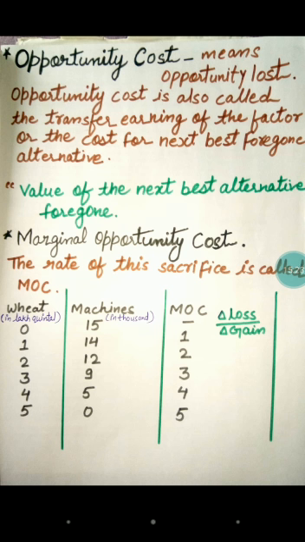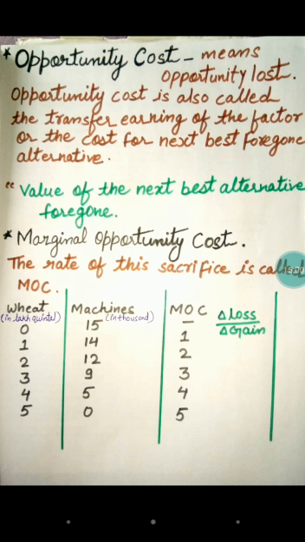So our MOC, the rate of sacrifice, is 1, 2, 3, 4 or 5. This schedule shows the marginal opportunity cost of wheat: for getting 1 lakh additional quintal of wheat, we have to sacrifice some units of machinery.